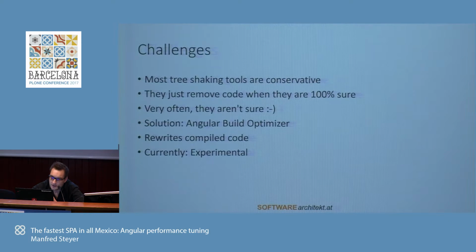Currently, this feature is available via the current CLI, but it is an experimental feature, so it can change in future, and it can also have some side effects. And because of this, I'm using this new logo here. This logo was introduced last week at ng-conf in the States, and this logo just shows that we are dealing with hot new experimental stuff.